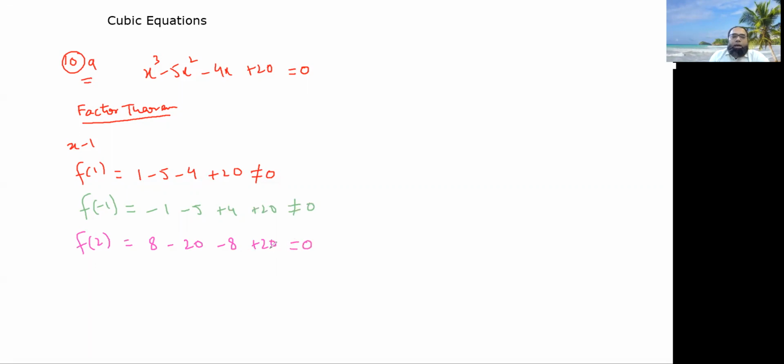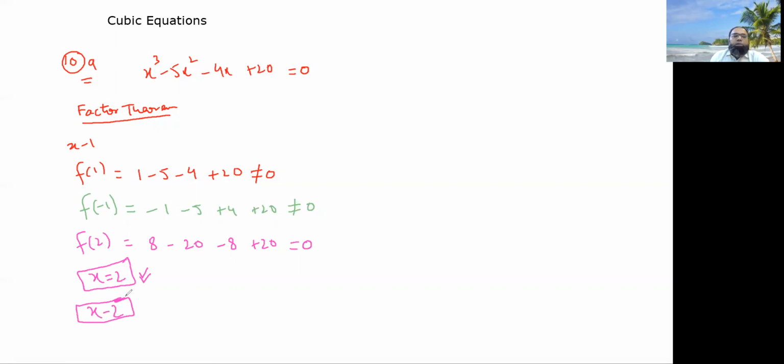So that means x equal to 2 is one of the solutions of this given cubic equation, or x minus 2 is one of the factors of this given cubic expression. If you have to find the roots, you have to accept this. If you want to factorize this, you will concentrate more on this.